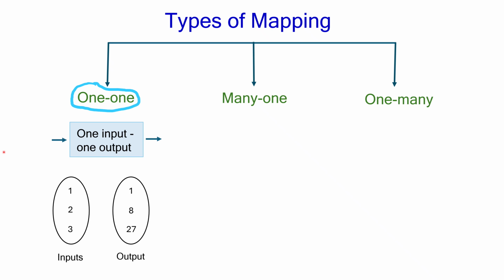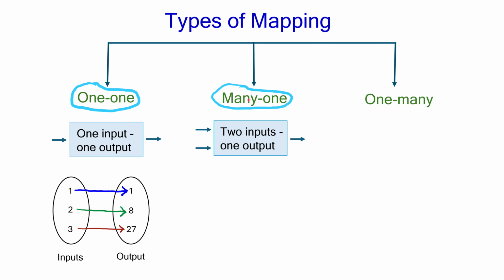For example, instead of passport and person, there are two sets given in the form of numbers. This is input, this is output. And the relationship is given. 1 goes to 1, 2 maps on 8 and 3 maps on 27. We can easily observe that for every input there is only one output. This means this is one-one mapping.